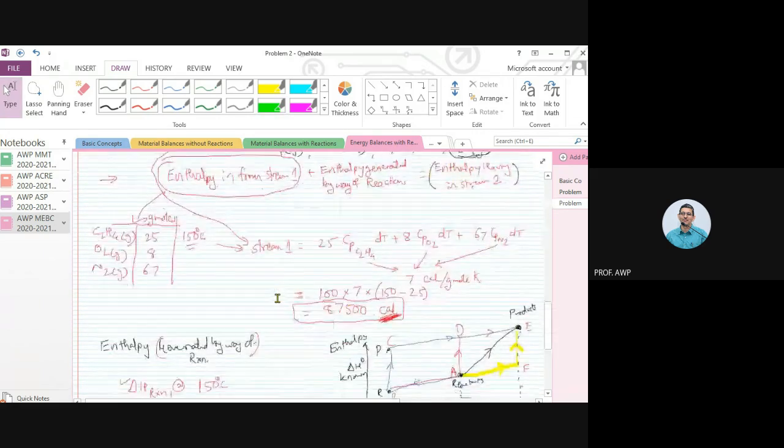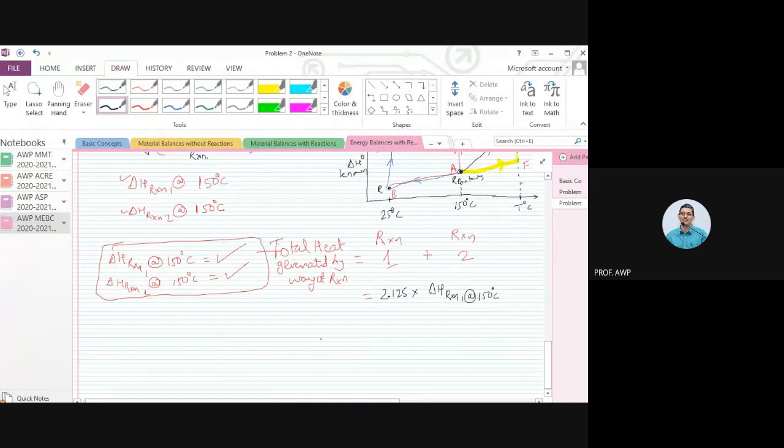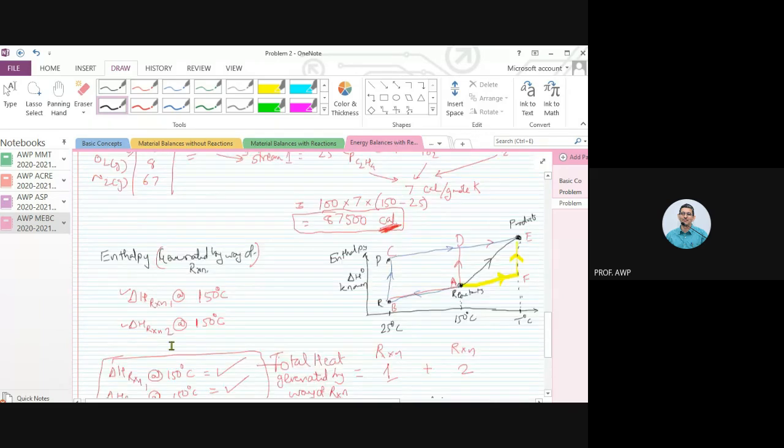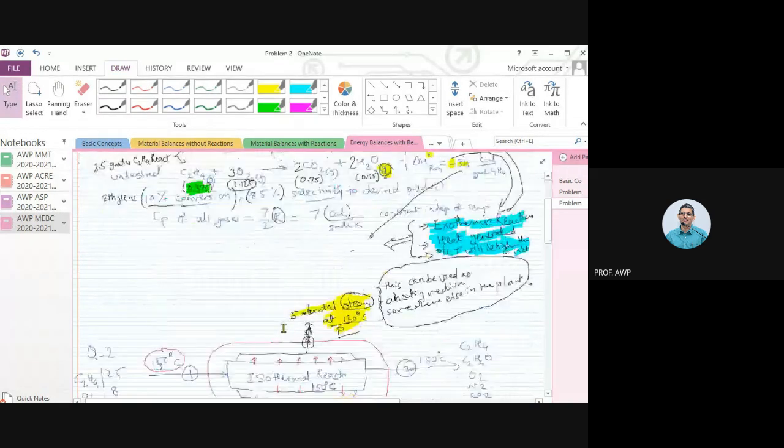So heat generated by way of reaction 1 is going to be 2.125 multiplied by delta H of reaction 1 at 150 degrees centigrade. Remember, this delta H for reaction 1 is going to be minus something, right? At 25 degrees centigrade, it is minus 25.